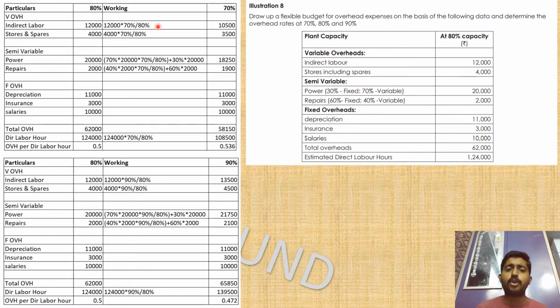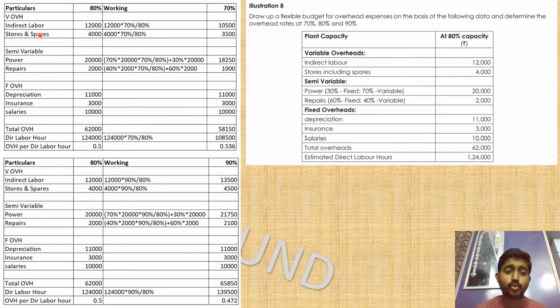This is the formula we use even in the marginal costing chapter. You can see it in our previous videos of chapter number 1, marginal costing. We are applying the same. So 12,000 divided by 80% gives us the variable overhead for 1%, and multiplied by 70%, we get the variable overhead at 70%.